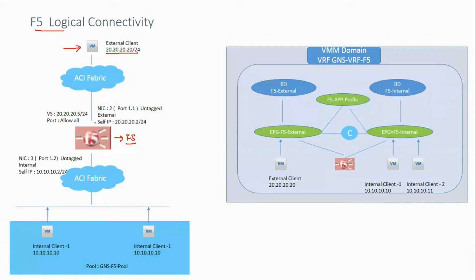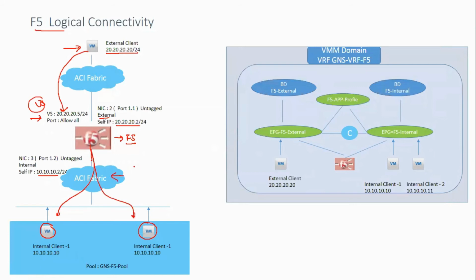In the F5 there is an external interface, which we call the external NIC, that has an external IP, and it has an internal interface which is in the internal VLAN. And in the internal VLAN there are two servers to which you are sending traffic, and your virtual server will be this IP address. So when a client hits this IP address, your load balancer will load balance the traffic one time here and one time here via the ACI fabric.